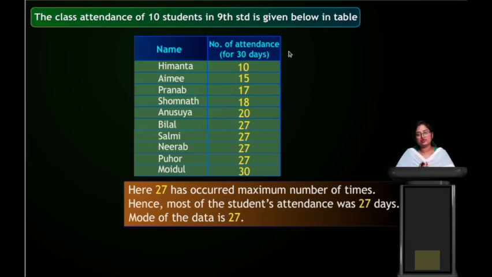So in today's class, what have we learned, children? Yes, we have learnt about central tendency and measures of central tendency, using three methods: mean, median and mode. What is meant by mean, children? Yes, it is the sum of values of all the observations divided by the number of observations.